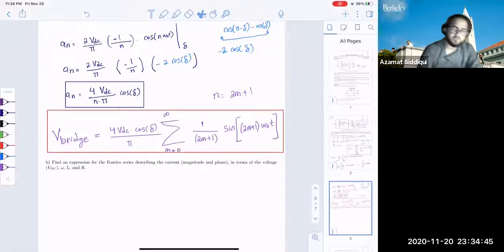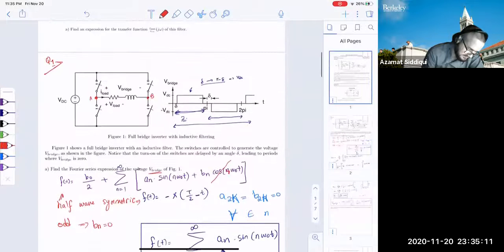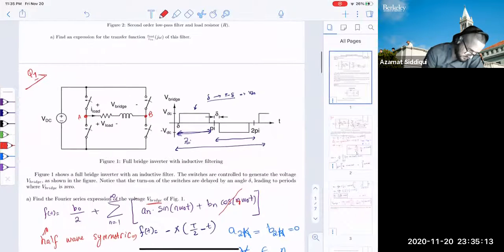Now, going on for part B, what is being asked of us is to find an expression describing the current in terms of the voltage VDC and L, R, omega naught. So to do this, we just have to come back up here and figure out how we're going to do this.